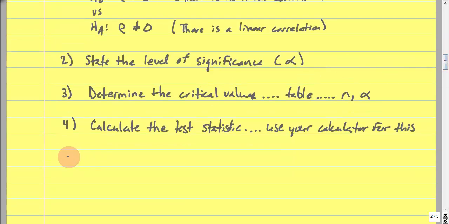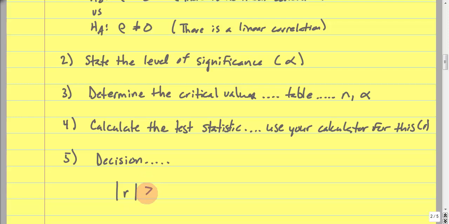Then we're going to have to make some sort of a decision. Okay, so this is how the decision works. If the absolute value of R, okay, and so up here when we determine the critical value, we're going to take this value of R that we calculated with the test statistic and compare it to the critical value. So again, that calculate the test statistic, this is basically your value of R. That's your correlation coefficient.